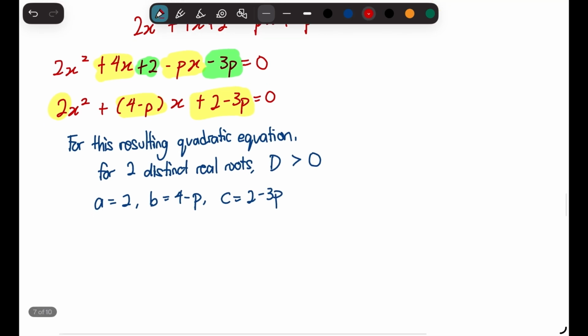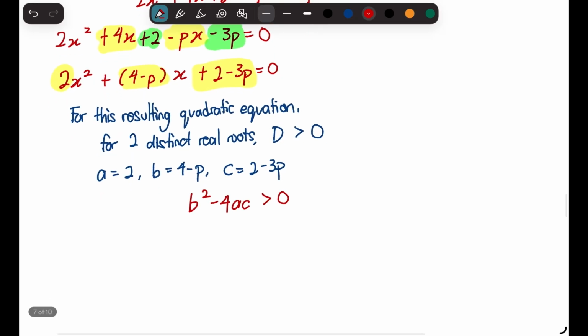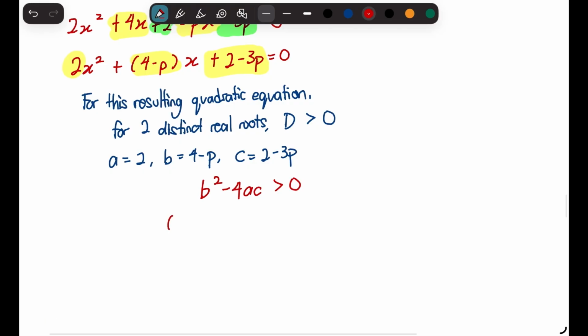So very simply, b squared minus 4ac must be strictly greater than 0. I sub in my a, b, c over here. (4 minus p) squared minus 4 times 2 times (2 minus 3p) must be strictly greater than 0. So in order to solve this quadratic inequality, I must first simplify my left hand side.